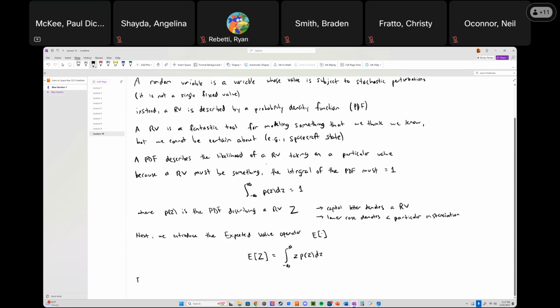So E of Z is the expected value of Z, sometimes called the first moment or other times just called the mean.